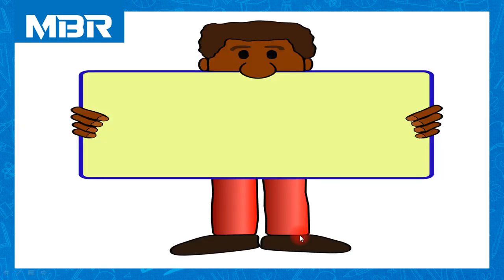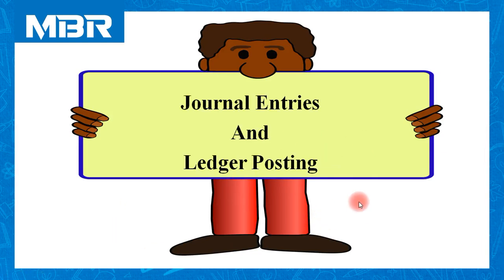So after doing this exercise from point number 1 to 11, let us learn the last important item, that is related to journal entries of the transaction and ledger posting.